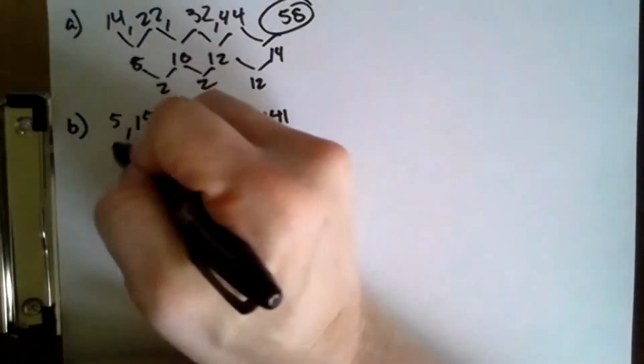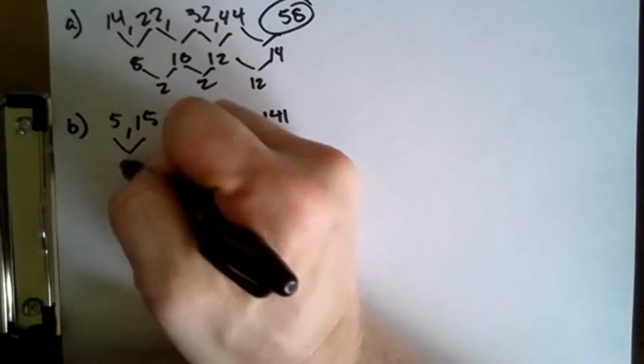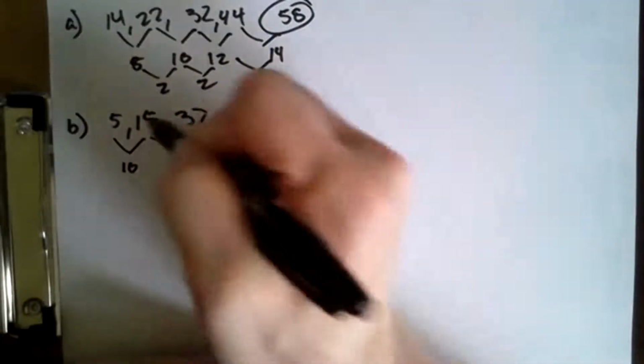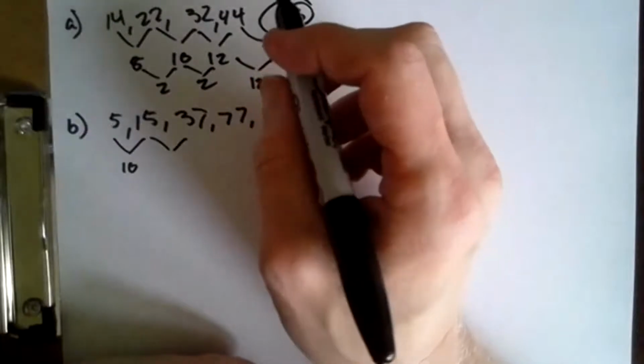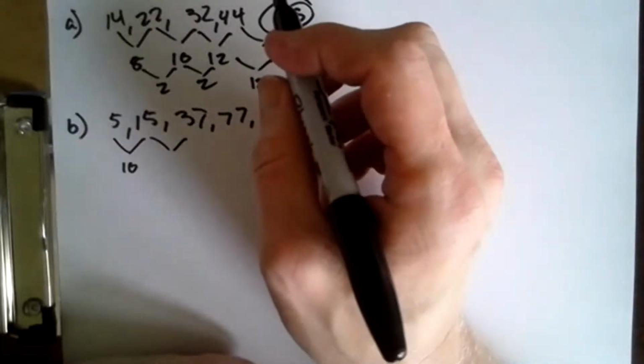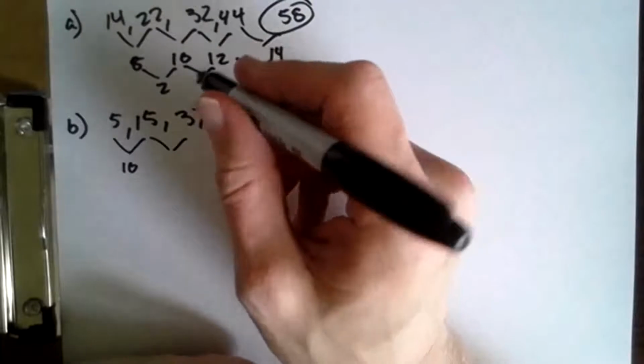We do the same kind of thing here. 15 minus 5 is 10. 37 minus 15. Sorry, my brain is not entirely functioning today.